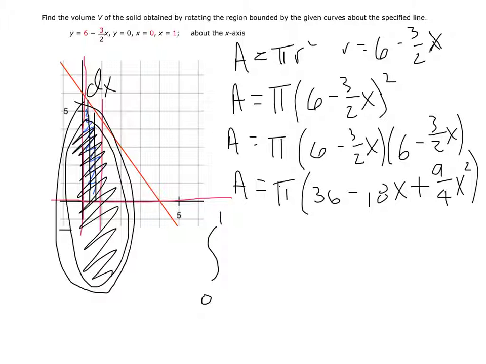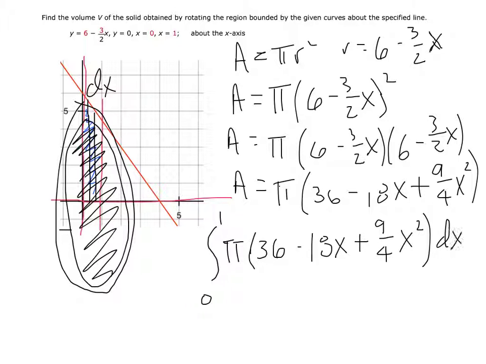So we're integrating from 0 to 1 the area of a face of this thing, pi times 36 minus 18x plus 9/4 x squared dx.